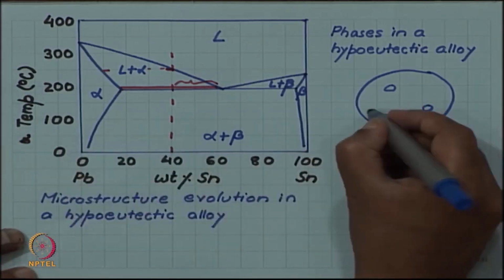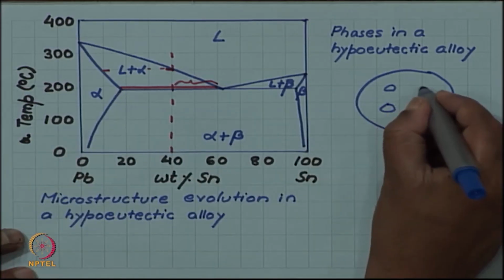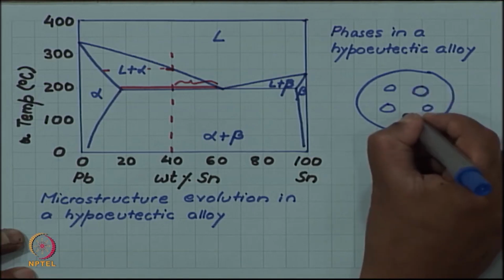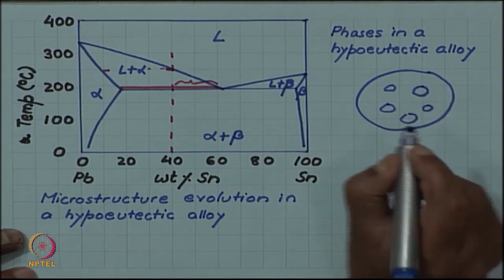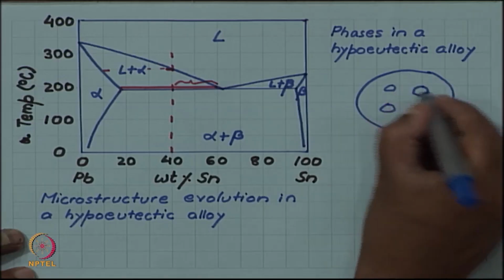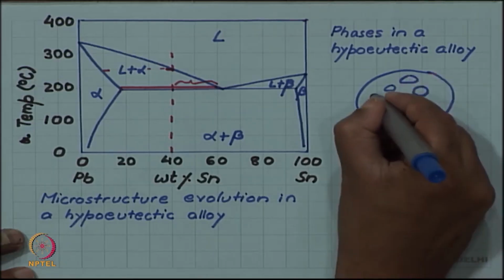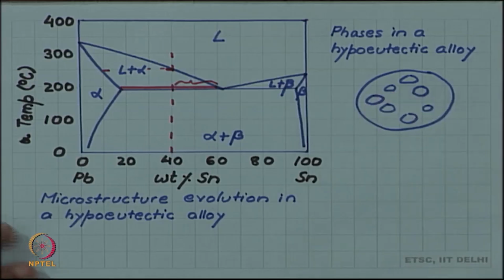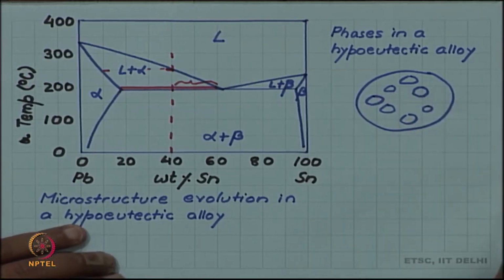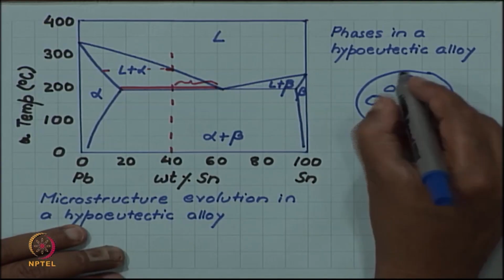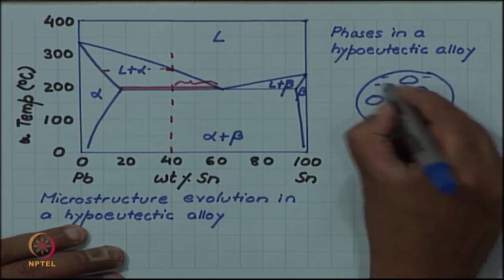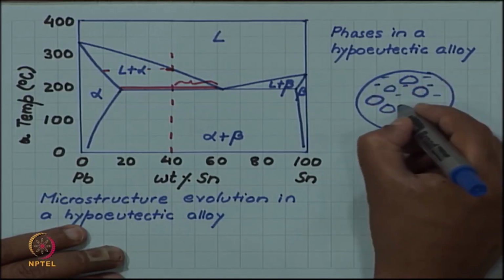So, let us make more alpha to represent this situation. This is all alpha, and the remainder of the alloy is liquid.